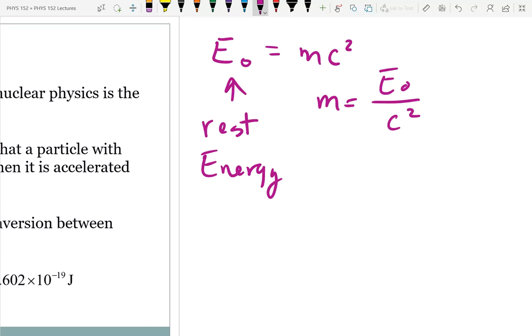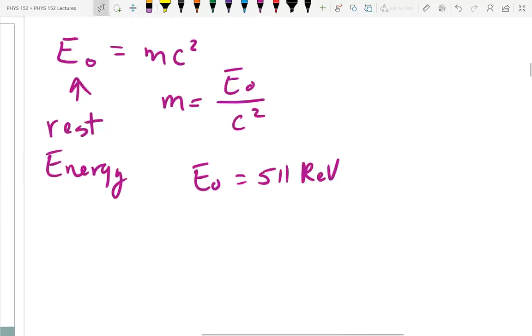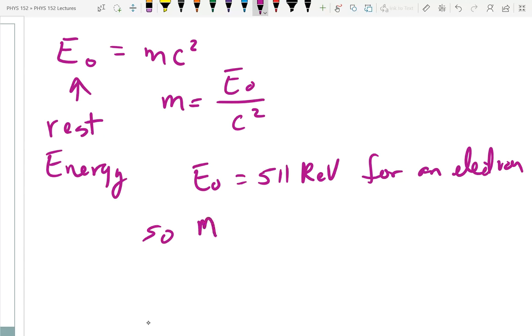And so for an electron, for instance, the rest energy for an electron is 511 kiloelectron volts. So the mass of the electron is the rest energy over c squared, which is equal to 511 kiloelectron volts over c squared.